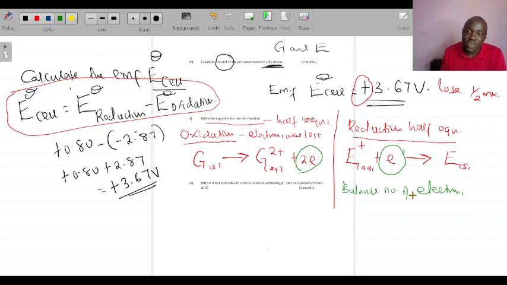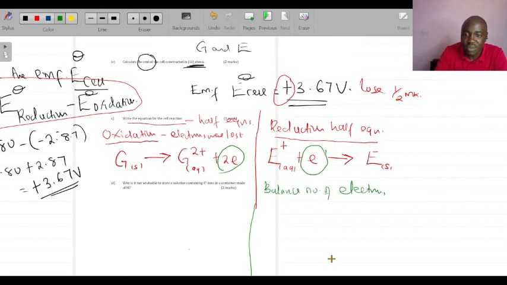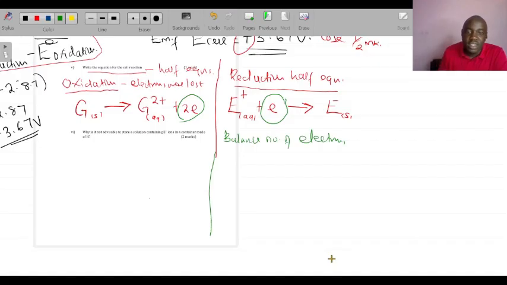So what do we do to balance the equation? We take a whole number, or we can call it a coefficient, to multiply both equations so that we can balance the number of electrons. Allow me to extend this space. So we start with G for oxidation. We had G solid to give us G2+ aqueous plus 2 electrons.